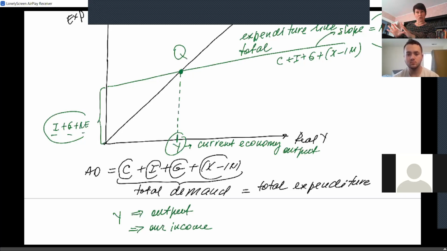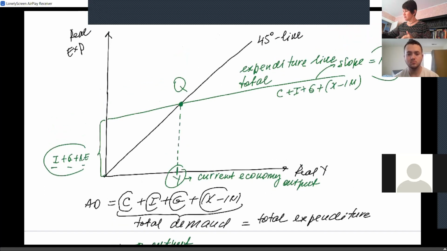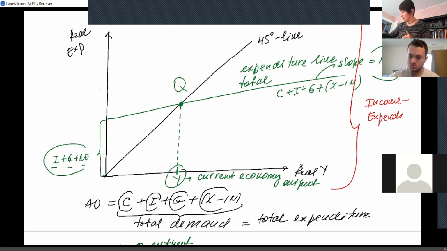So this picture with the 45-degree line and the total expenditure line is called the income expenditure diagram. Let me use the red one. This picture is called the income expenditure diagram.